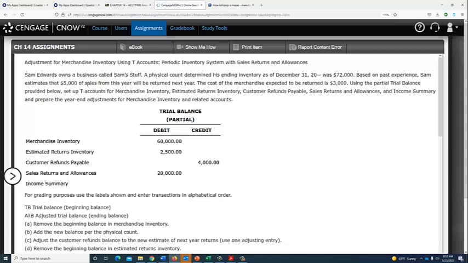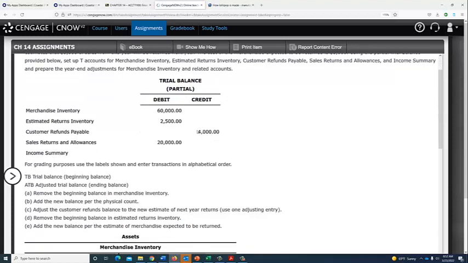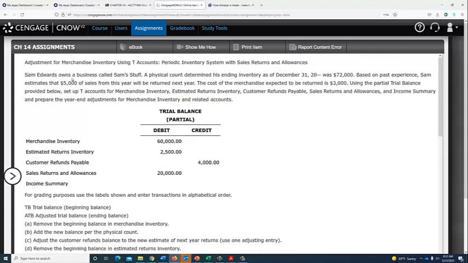So Sam estimates $5,000 to be returned as customer refunds. So let's look and see what our balance is now. It's $4,000. So that means that we need to raise this $4,000 up to $5,000 to meet the estimate that Sam has for this year.